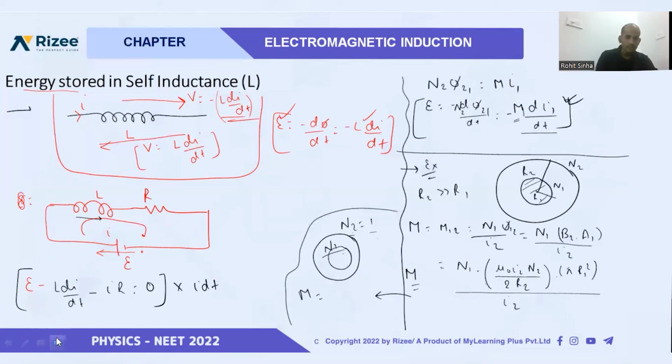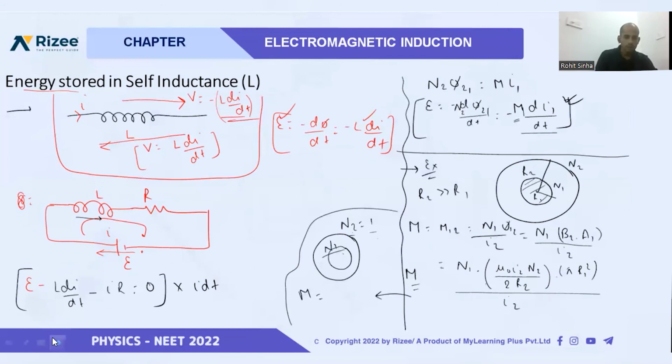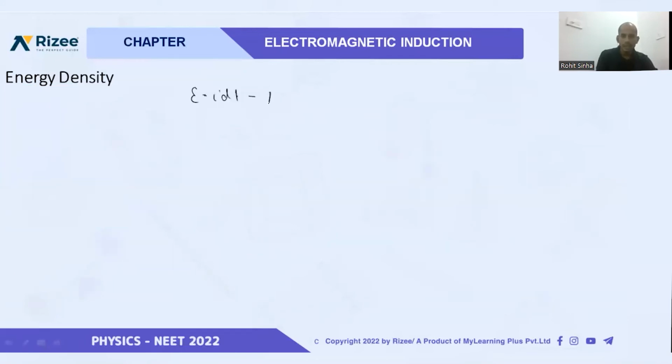What will we get? We will get E into I dt minus L di by dt into I dt minus I R into I dt is equal to 0.